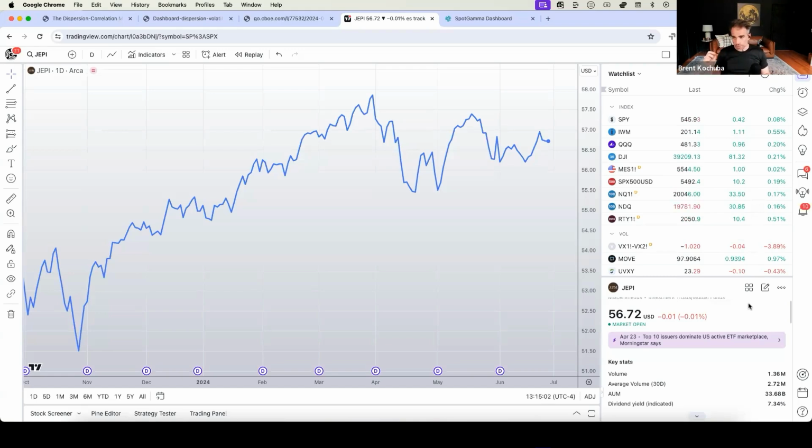Also, you have stuff like, it's not as big, but NVIDIA 2X ETF, right? So there's a big long bias there outside of the correlation trade, but it reinforces those flows. So these assets continue to gain in size. The volume continues to gain in size, and that says nothing of 0DTE.